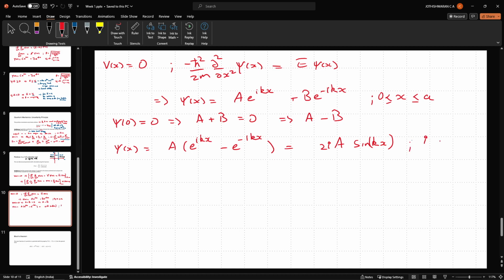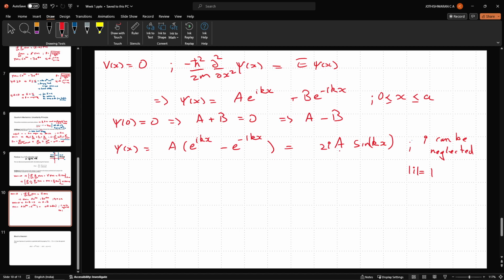Now, why can it be neglected? The reason is that this is a constant, like norm of i or mod of i is equal to 1. This is a constant unit complex number.